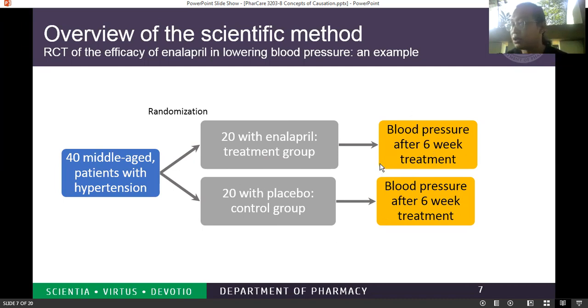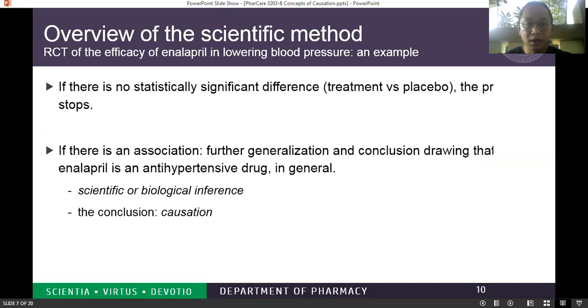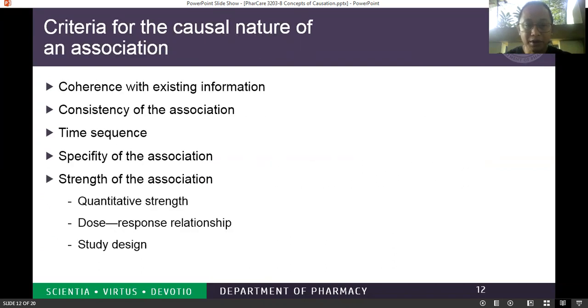So that's what the temporality means. A cause must appear before an effect. So if we can prove that the cause happens before the effect, then we have the time sequence. And then the specificity of the association and the strength of the association.